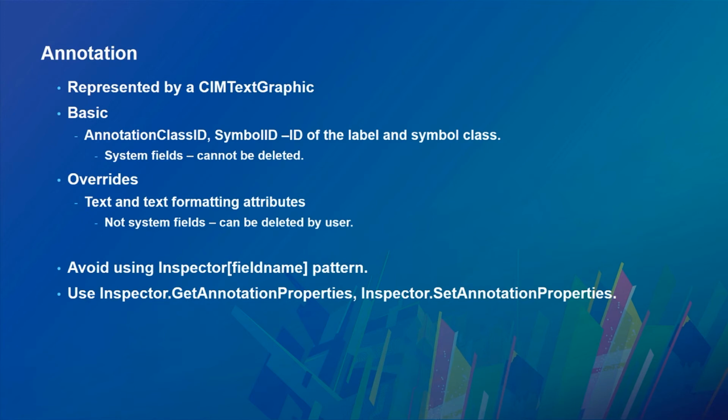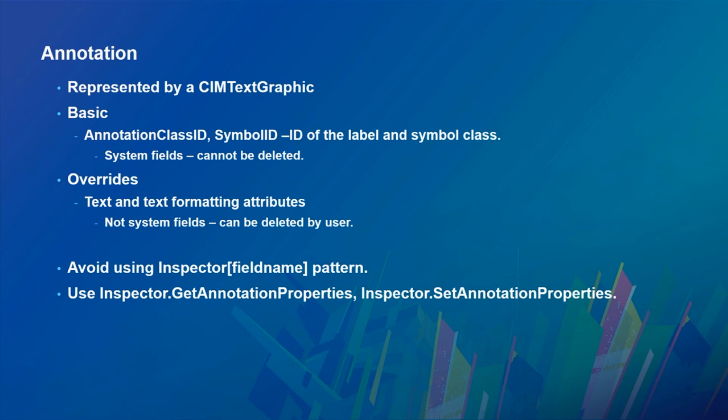In 10.x, when you created an annotation feature class, things like the text string and the horizontal alignment and the vertical alignment were fields that were defined by the geoprocessing script, and they were system fields. Now when you bring them into ArcGIS Pro and you do a conversion or you create a new annotation feature class, those particular fields are not system fields anymore.